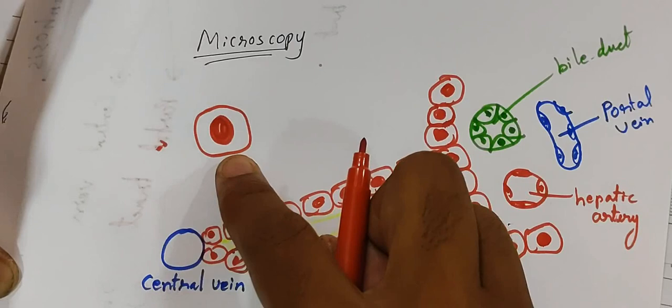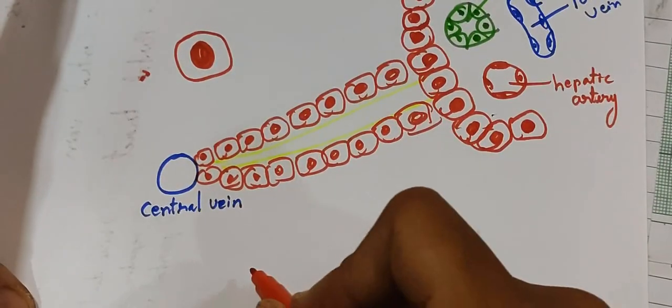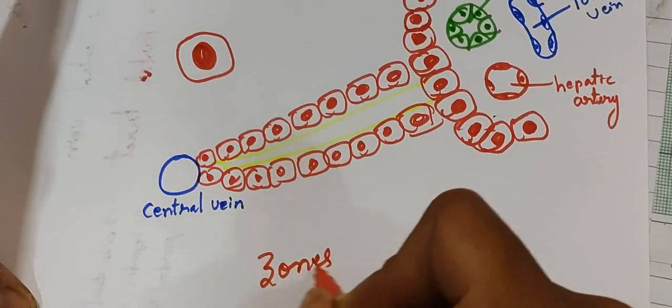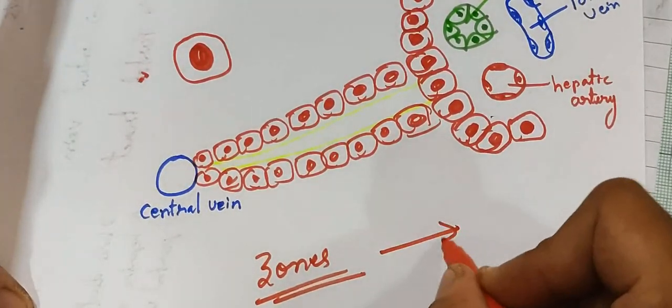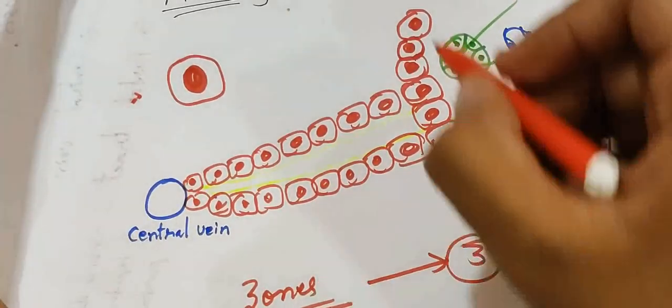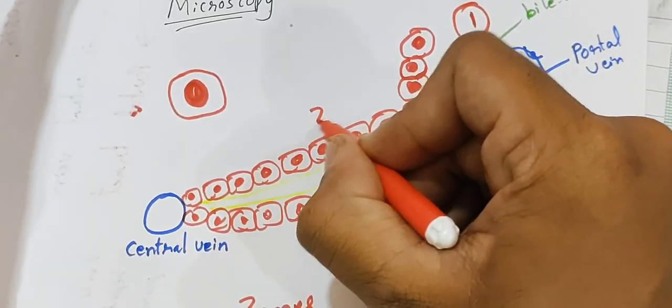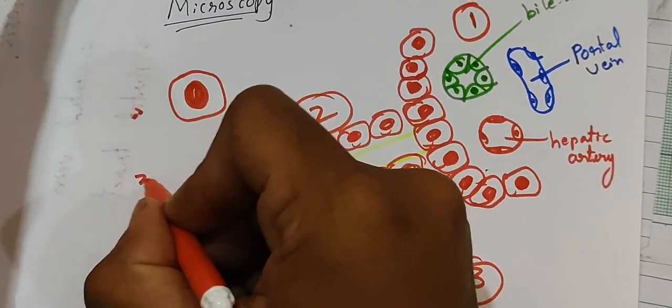This is a single hepatocyte. Now coming to the zones, how many zones are there? 3 zones. Always remember, this is zone 1, this is zone 2.